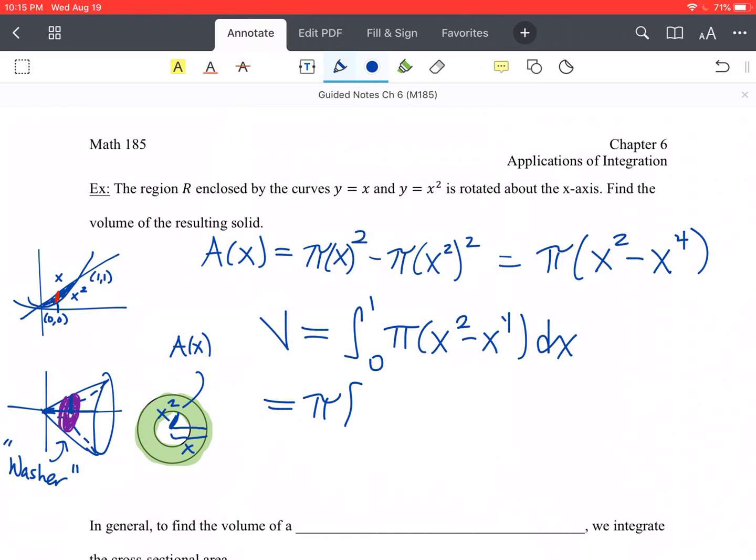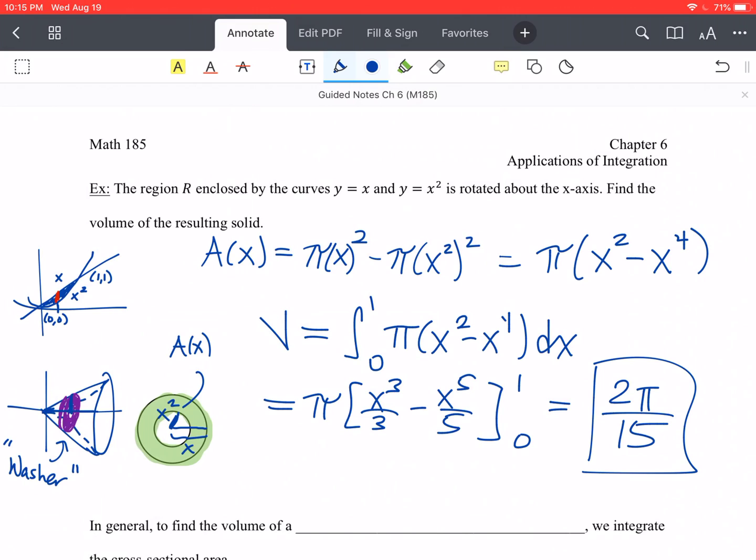So we're going to get pi times (x cubed over 3 minus x to the fifth over 5) from 0 to 1, and that is 2 pi over 15. So we get the volume of that solid is 2 pi over 15, okay, found by rotating that region around the x-axis.